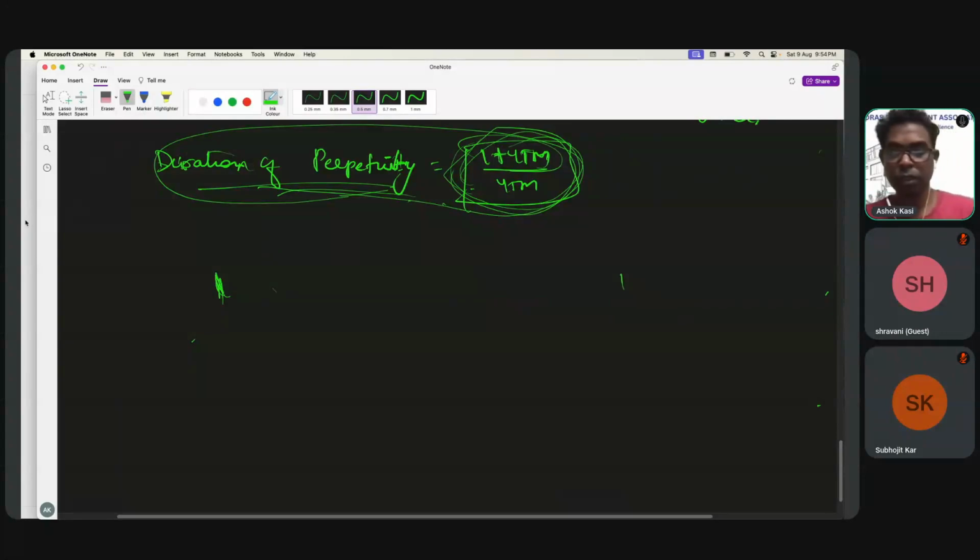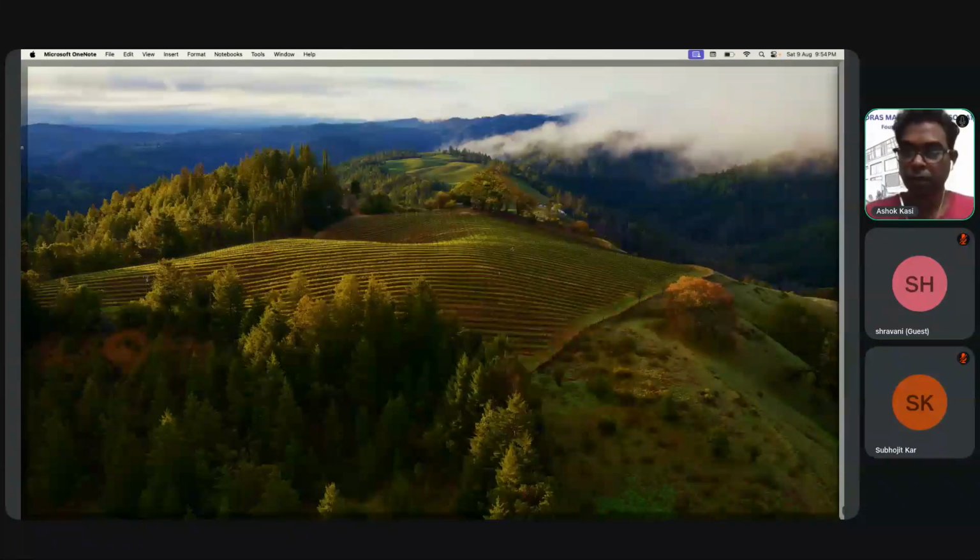Let me see if it is there in the curriculum. I can show it to you directly. That picture, I have seen it, but I don't know if it is there in this year's curriculum.